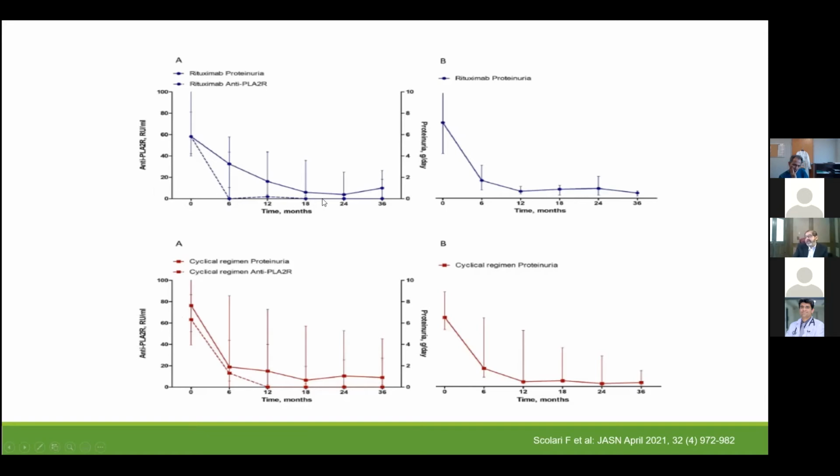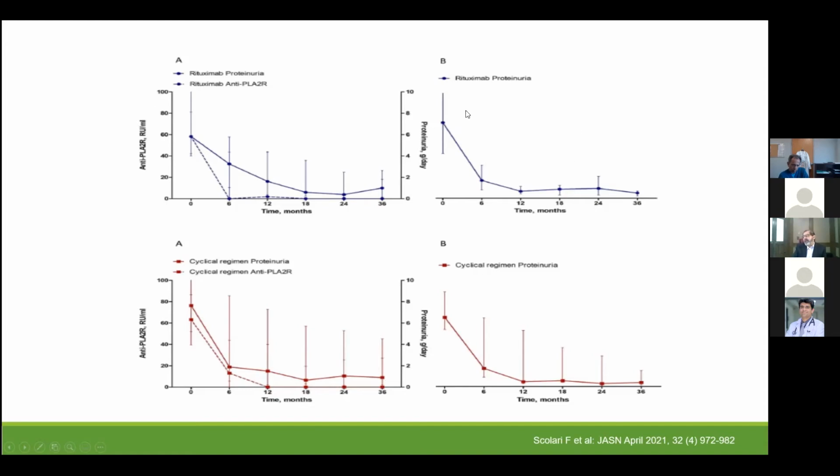And after that, it stays low for the duration of observation, proteinuria coming down, and it stays fairly well controlled. Again, in the cyclical regimen, it comes down, takes a little bit longer than rituximab in these cohorts, but then the proteinuria comes down and stays low, just as it does in the rituximab arm.